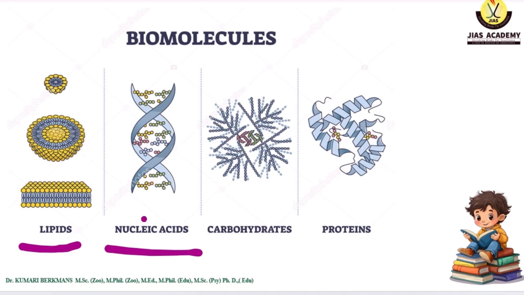It is present inside the nucleus, and it transfers the genes from one generation to another generation, and this is very important. Okay, nucleic acids. And this is carbohydrate, which is very essential for the body, which releases the energy which is required for the organism to do various functions, right? And proteins give a proper structure to the organism, and it does many important functions. Okay, so let us see one by one.